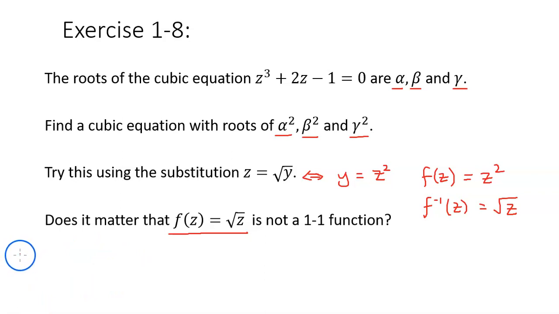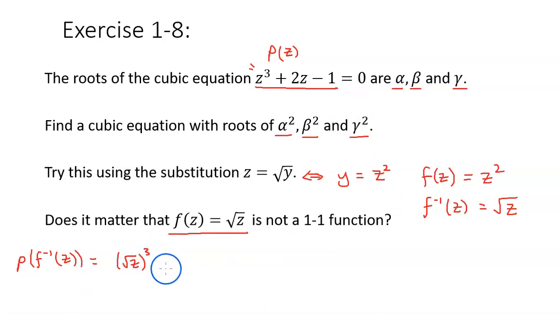So anyway, if we consider p of f inverse of z, where this thing here, of course, is p of z, then using function composition, we have the square root of z cubed plus 2 times the square root of z minus 1.